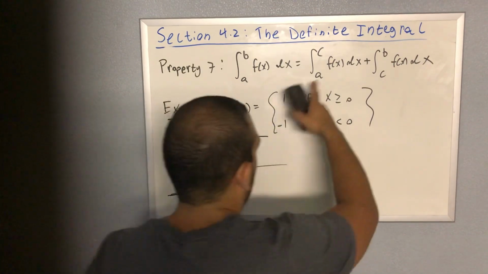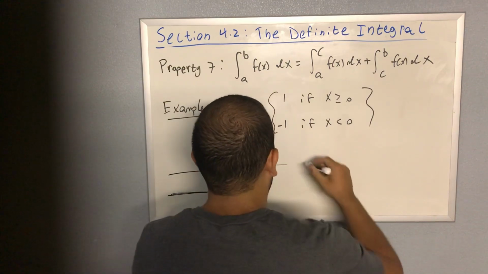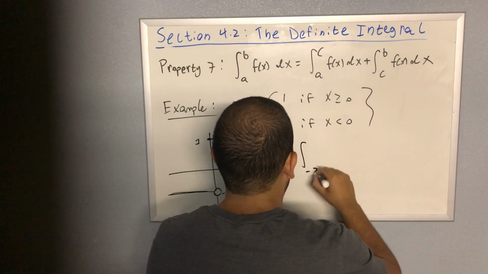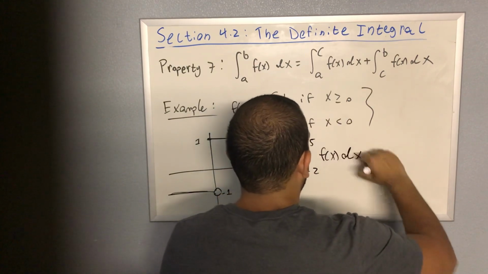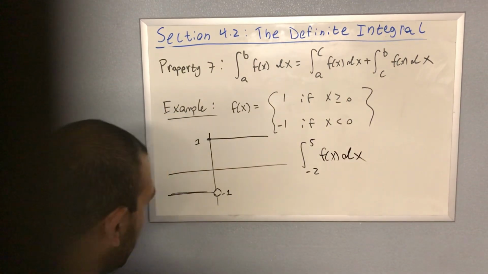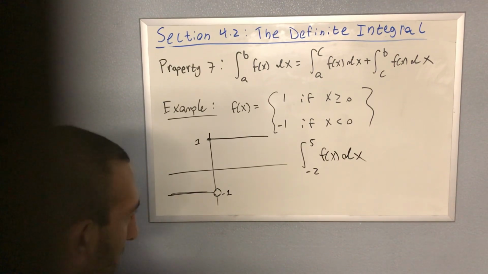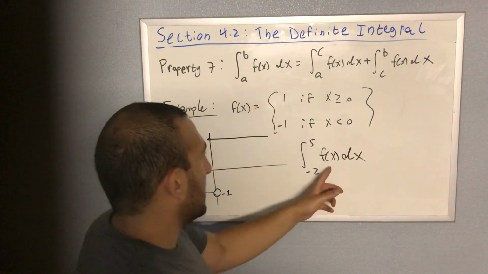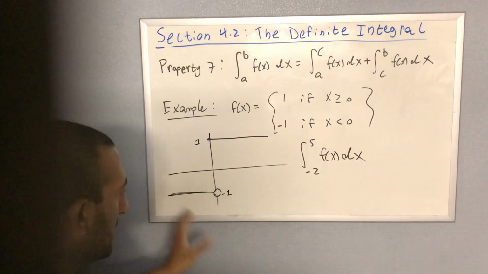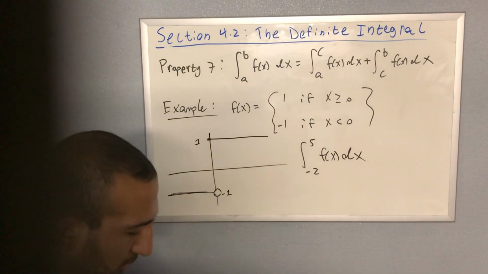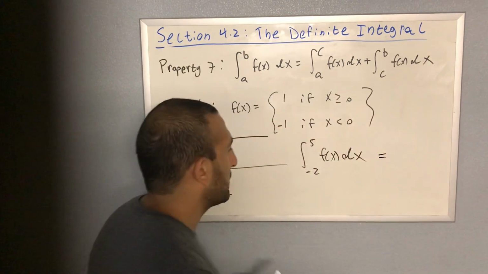So we're going to use this property to help us figure this out. Let's say we want the integral from -2 to 5 of our function f of x dx. Okay? Well, the thing is, this function has two different expressions depending on where we're at. So we're going to break this up into two pieces.